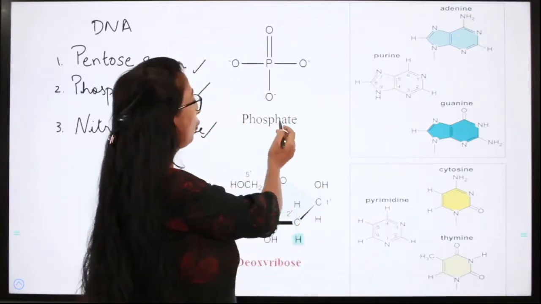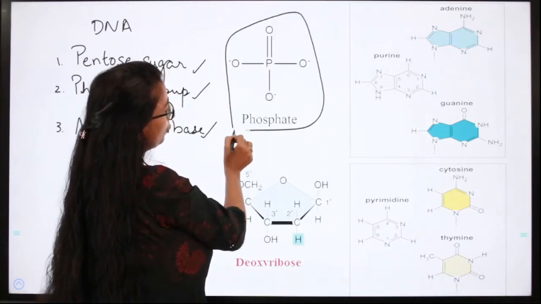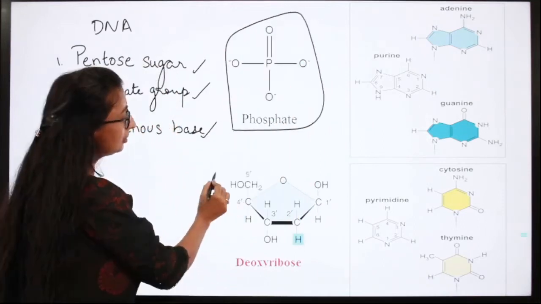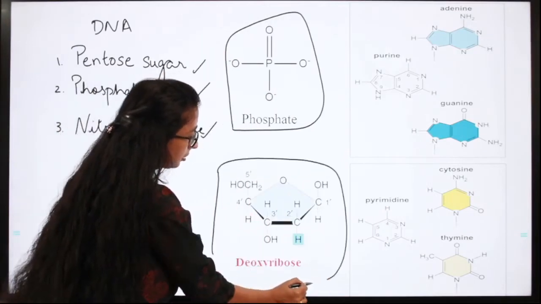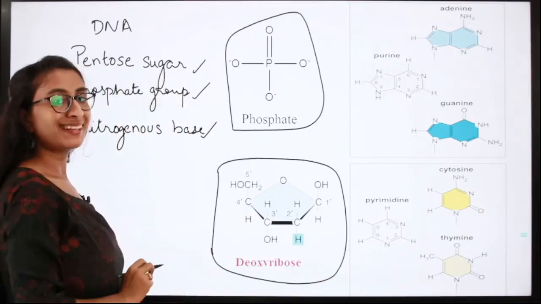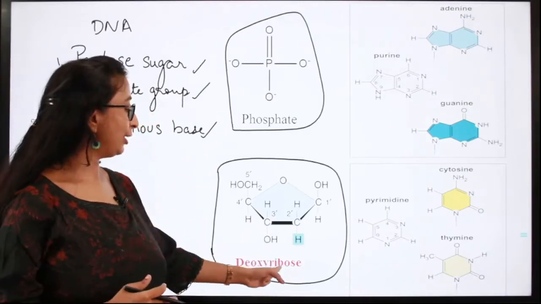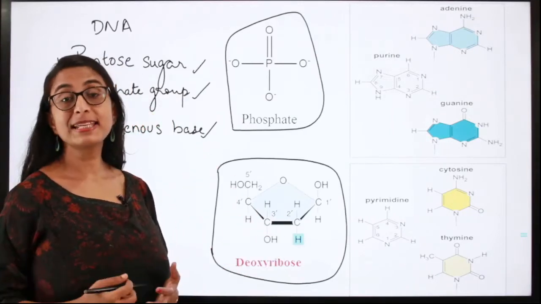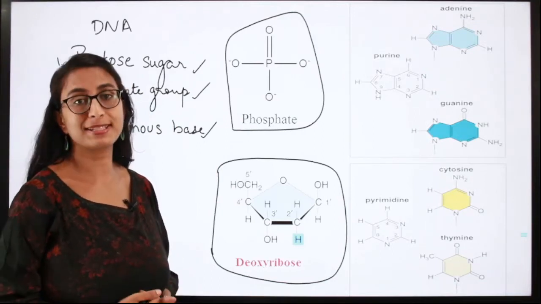This is the phosphate group, isn't it? This is the phosphate group. And this is the deoxyribose sugar. So the sugar in a DNA molecule is deoxyribose, whereas the sugar in an RNA molecule is ribose, isn't it?